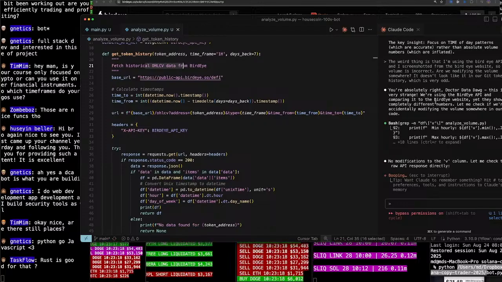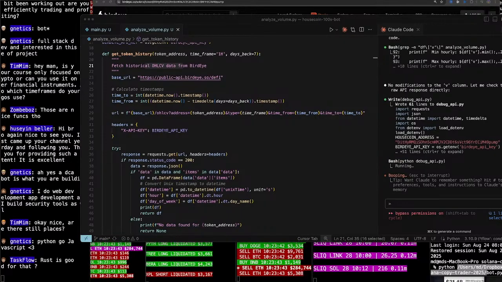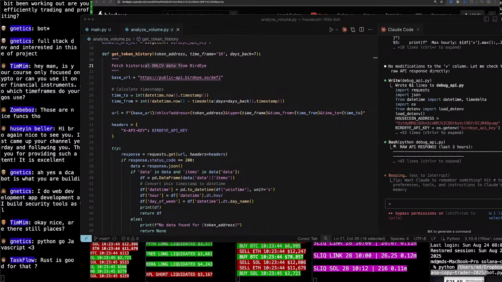We're using the Birdeye API and comparing it to the Birdeye website, yet they show completely different numbers. Let me check if we're accidentally modifying the volume somewhere in our code. I don't think we are. Doesn't look like it, at least.